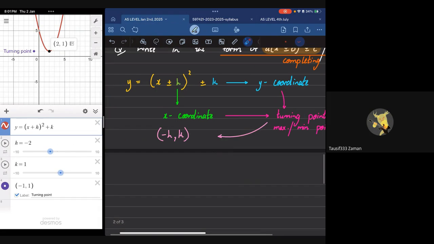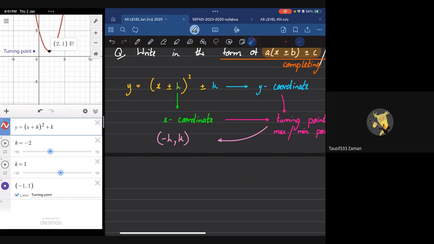So for example, if we go into this deeper, if it's x plus h inside the bracket, it's going to be minus h outside. And if it's x minus h whole squared inside the bracket, it is going to be positive h outside, when you are going to show it as your turning point. Other than that, it will be written as it is.